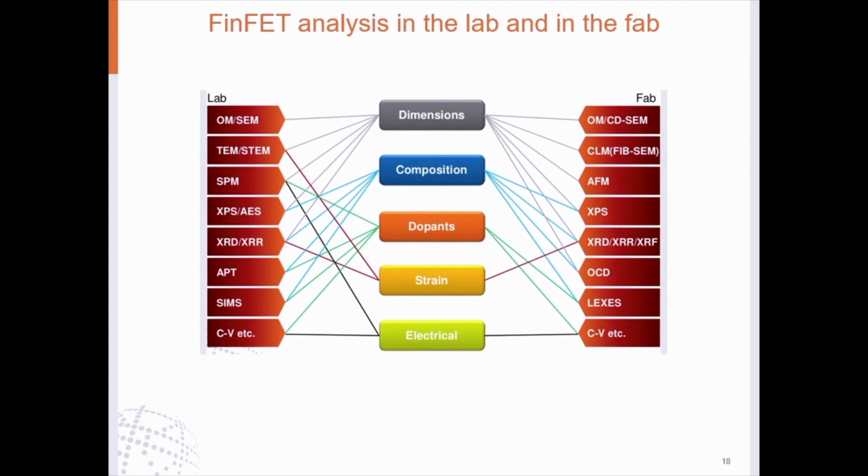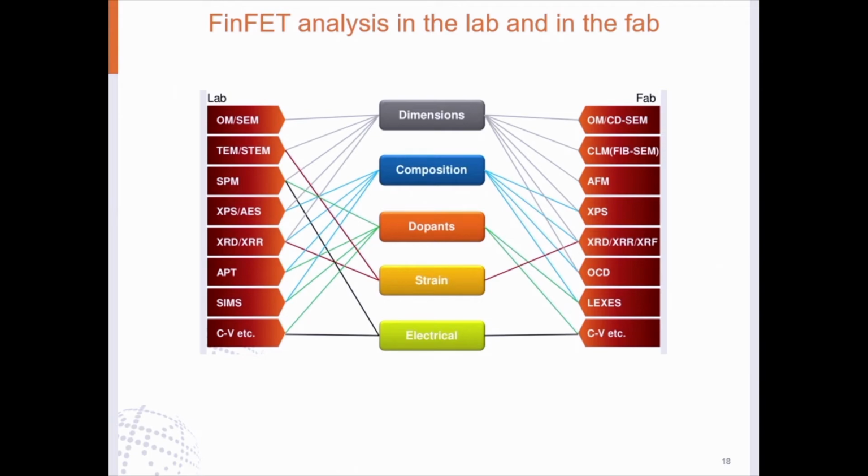With respect to scanning probe microscopy and atomic force microscopy in the fab, AFM is primarily used for dimensional analysis. In our analytical lab, scanning probe and its associated techniques are used for dimensional analysis, dopant or carrier profiling, electrical analysis, and we're also using it for strain analysis as well, using scanning surface photovoltaic microscopy.